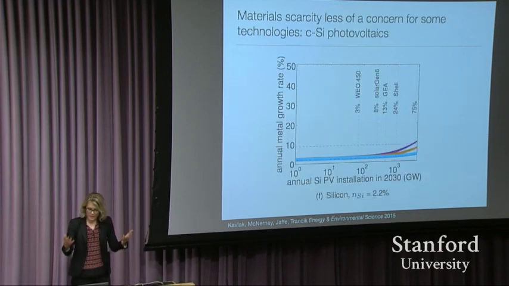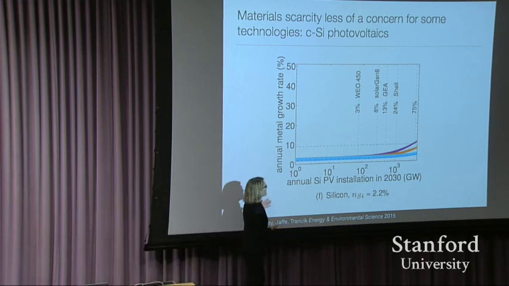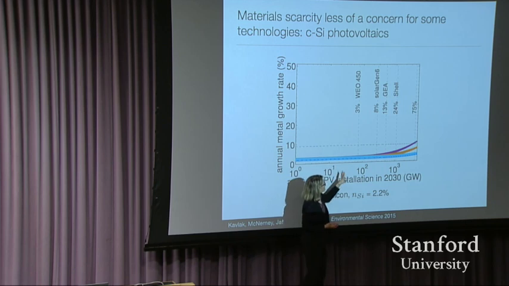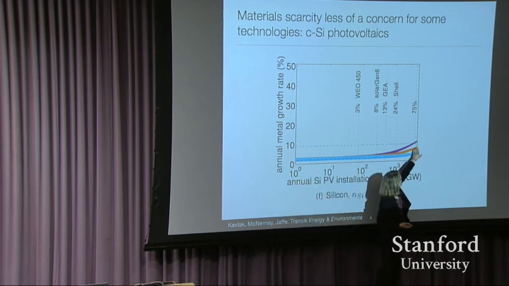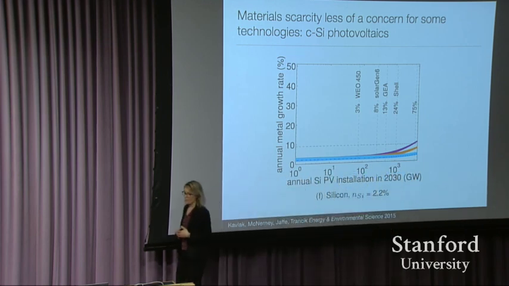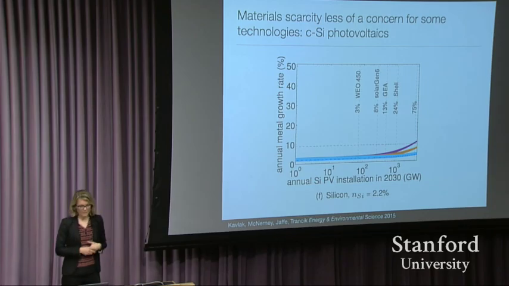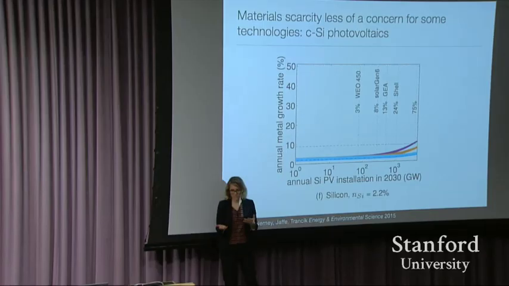And you might ask, well, what about silicon? If we do the same analysis for crystalline silicon cells, you can see that for this medium material intensity estimate, you can meet 100% of electricity in 2030 with crystalline silicon PV without exceeding that 95th percentile annual growth rate in silicon production.